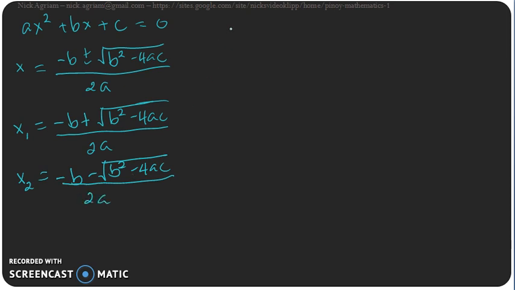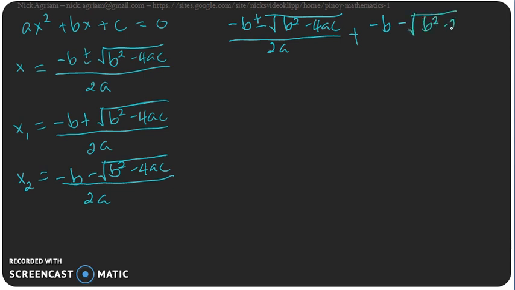So if we add x sub 1 and x sub 2, then we have negative b plus the square root of b squared minus 4ac divided by 2a, plus negative b minus the square root of b squared minus 4ac divided by 2a.